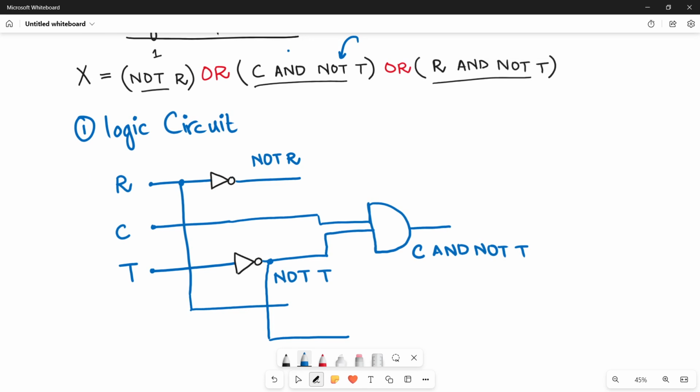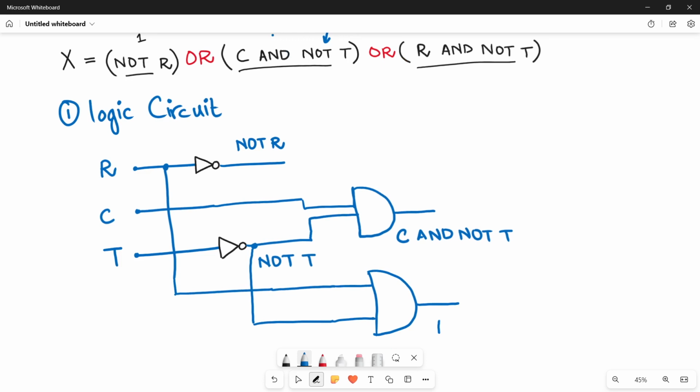So NOT T and R are going to pass through another AND gate, so that here I'm going to have R AND NOT T. So finally, I got three of my inputs, three of my brackets. First one is NOT R, second one is C AND NOT T, and third one is R AND NOT T.